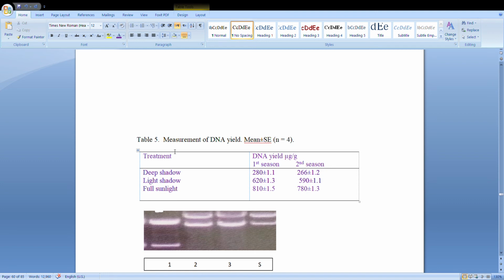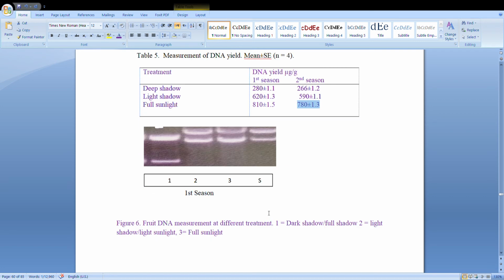Here also remember the DNA yield: deep shadow, light shadow, full shadow. The DNA yield is higher in full sunlight, in the first season and second season also. Then light shadow, deep shadow. You can see here the DNA band represents the protein content. These are the first season DNA measurements: first, second, third, fourth.